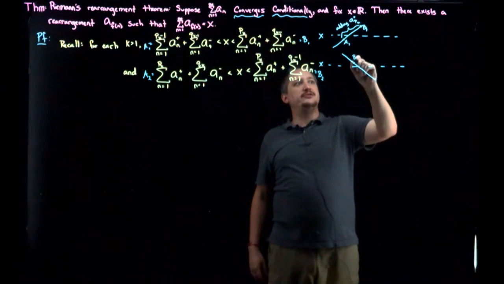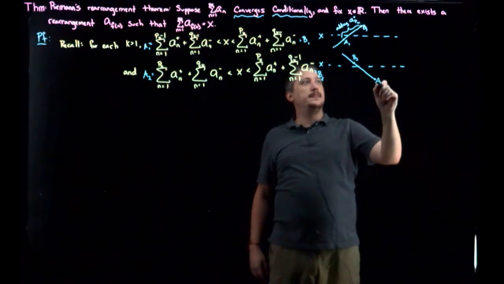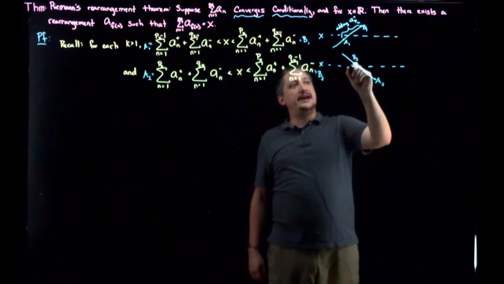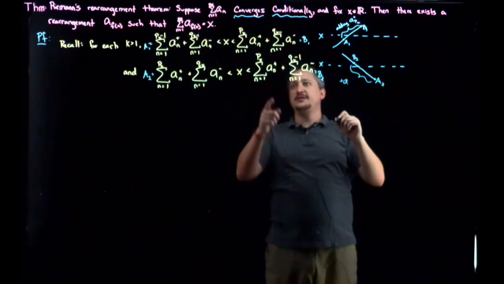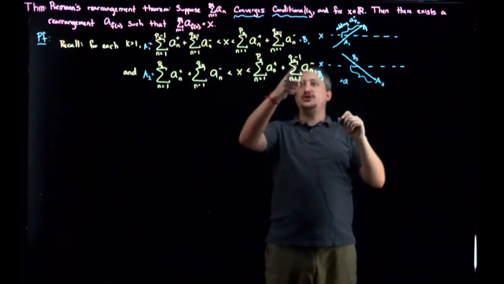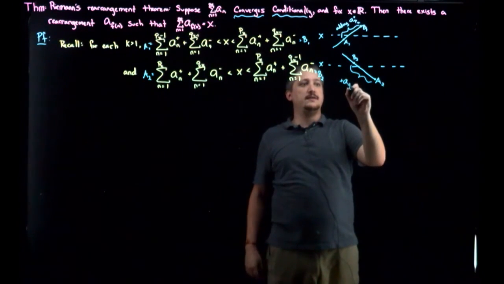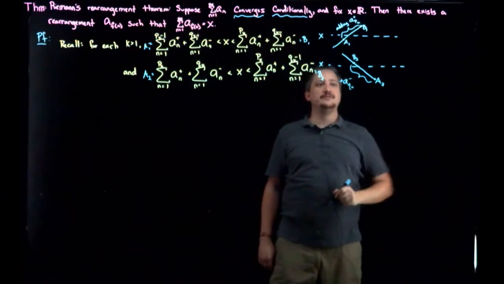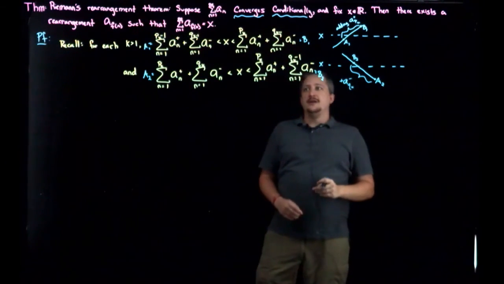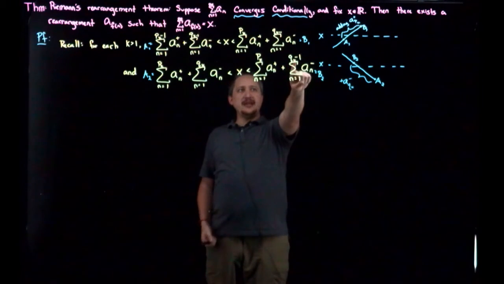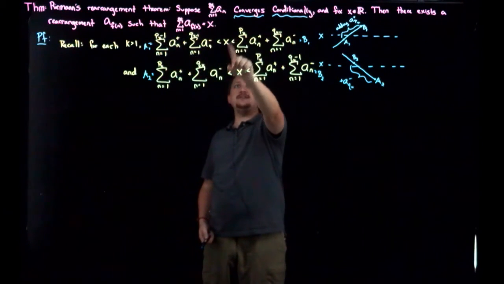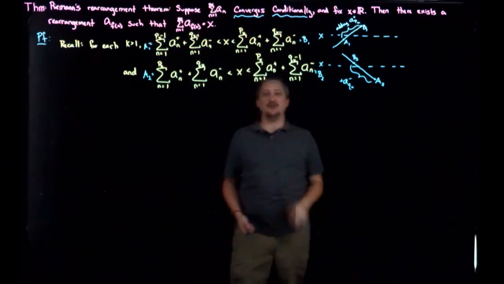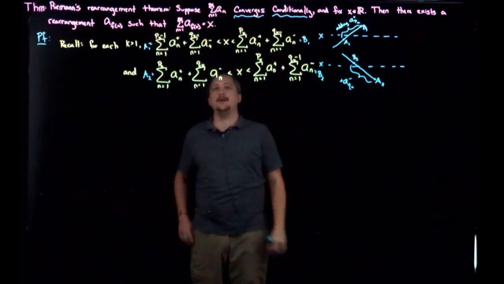So here B2 is still the one above, A2 is the one below, and adding this piece is the plus A sub QK minus, right? So I'm just reminding you that adding the one more term when I'm adding to the Q sum gets me lower than X. Adding one more term when I'm adding to the P sum gets me bigger than X. That's what I'm trying to point out here, okay?